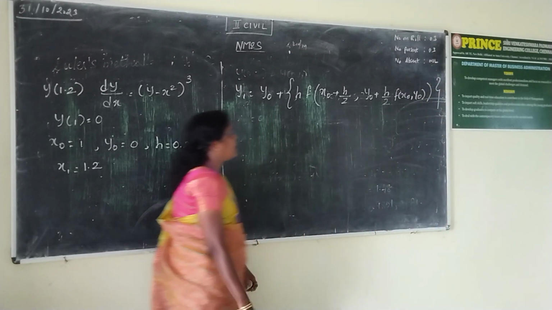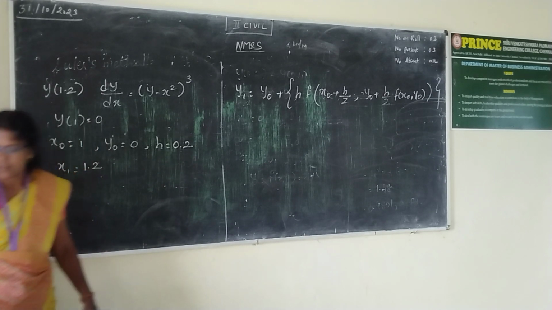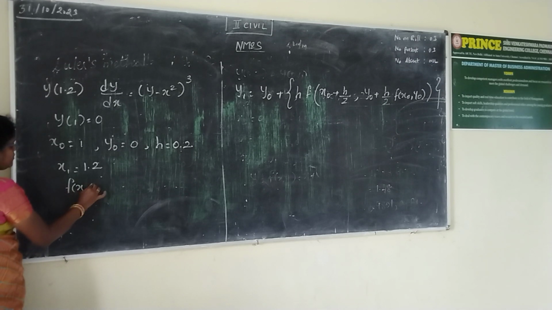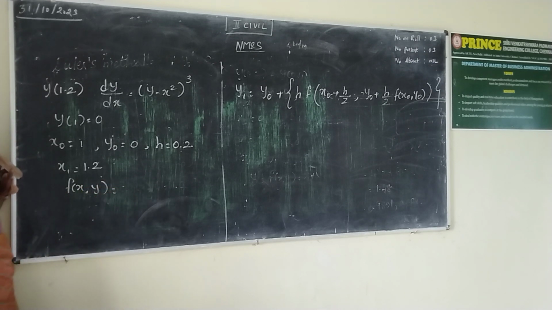This is the formula to get y1. What is f of x, comma y?